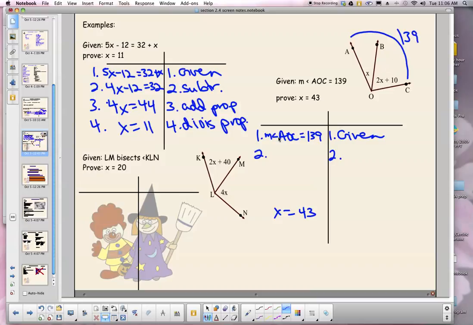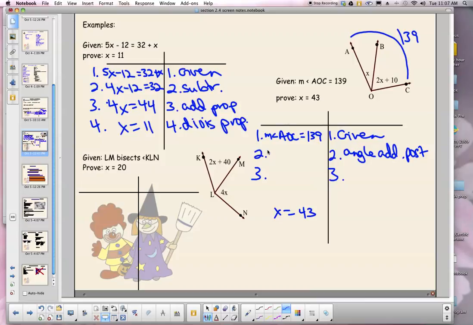But I can't just say x plus 2x plus 10 equals 139. I have to be able to relate the angles to their values. So the first thing I'm going to do is look at the angles and say, okay, I have the angle addition postulate that says one angle plus another angle equals a bigger angle.